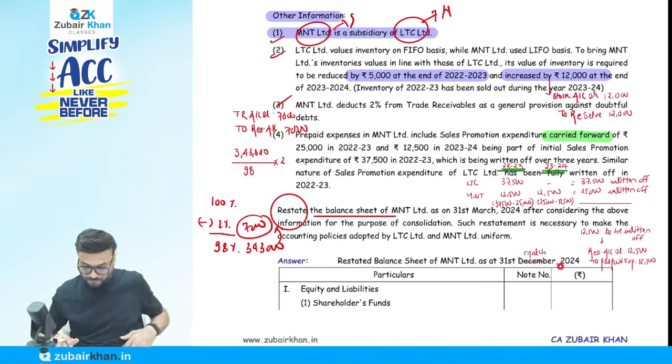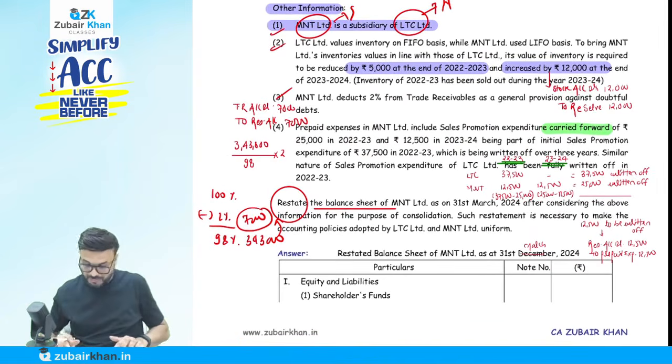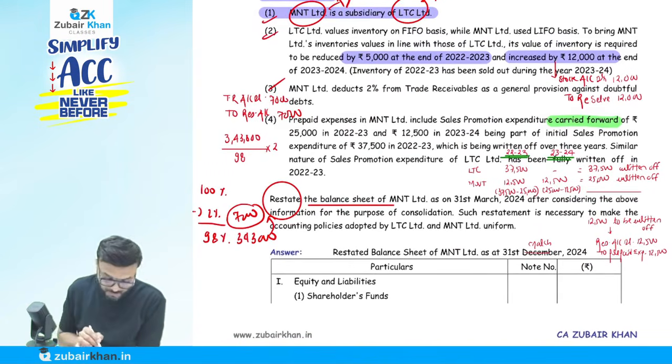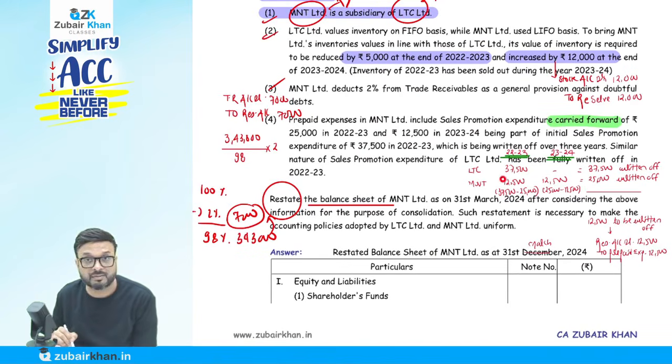So this 25,000 was the carry forward balance. The 37,500 was the total expenditure. They carry forward 25,000, which means they wrote off 12,500. The next year they again have a balance of 12,500, and they write off this much.